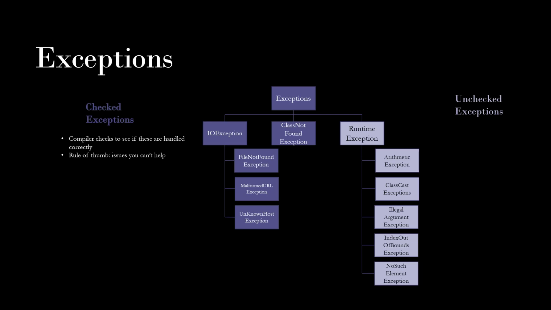Say you make a link to something and that URL doesn't exist anymore. That's not something that you can control in your program. But if that error exists, something has to happen, and that's why it's looking for you to have a backup plan.